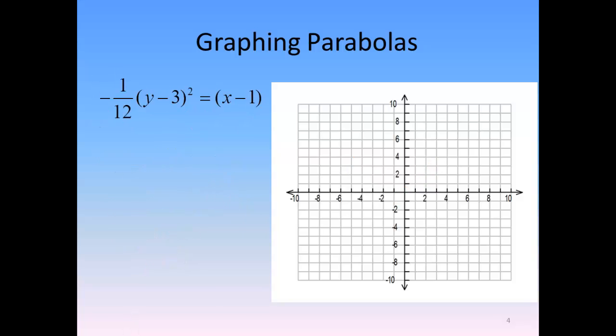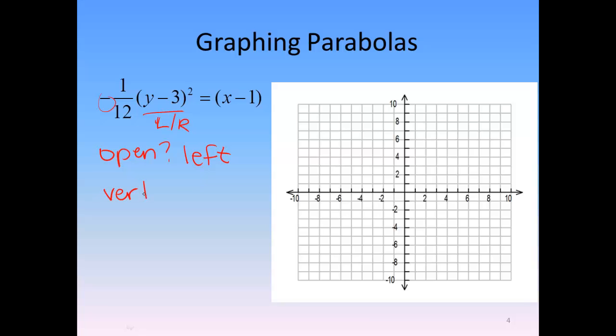For this next one, similar questions. Which way does this open? Because the y is squared, that means it's going to open left or right. I go in the front, I see a negative sign. That means my parabola is going to open left.